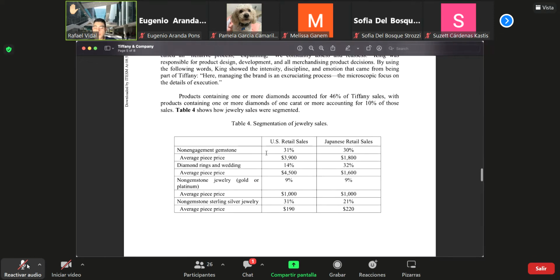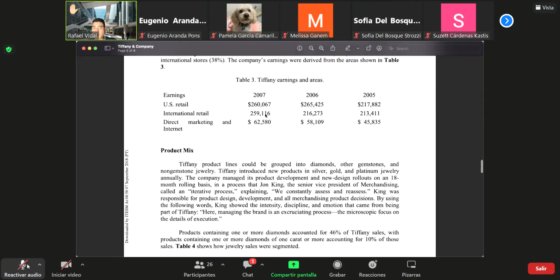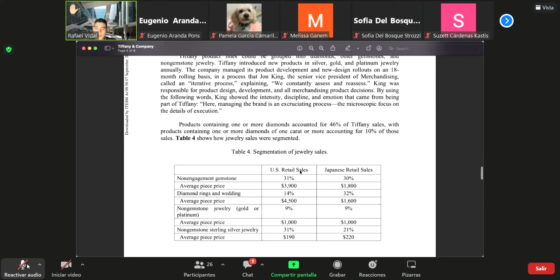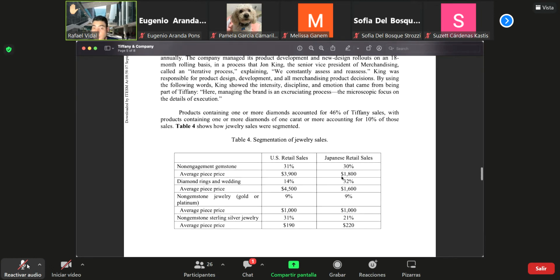Then multiply that number by 30% and divide it by the average piece price, and you'll get a number. You'll do the same for diamond rings, gold and platinum non-gemstone jewelry, and silver jewelry. Add those numbers and you'll tell me how many pieces we sold in Japan, okay?